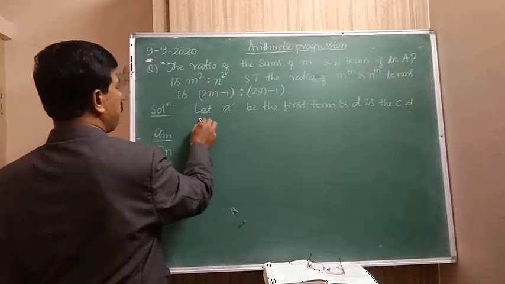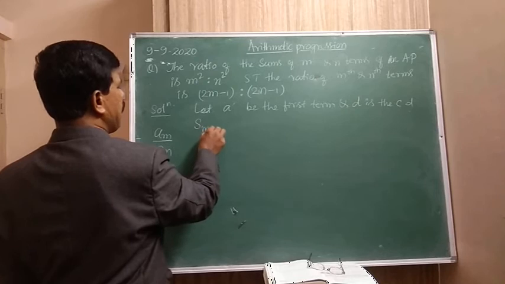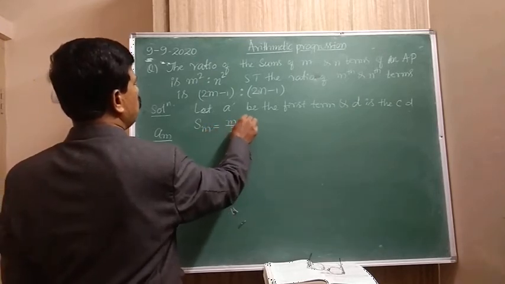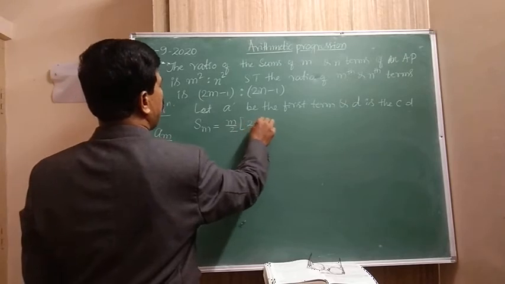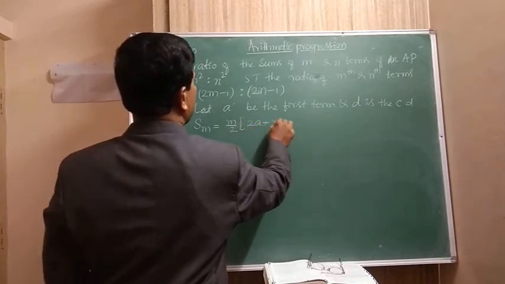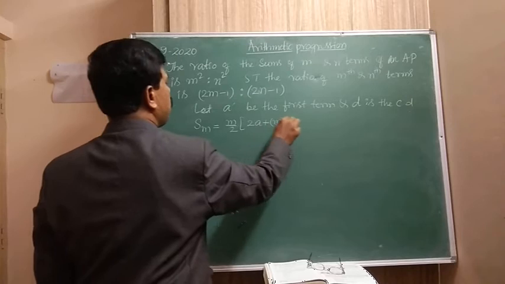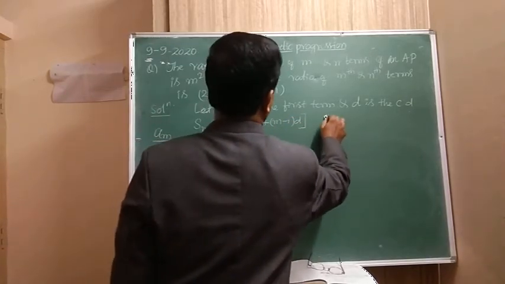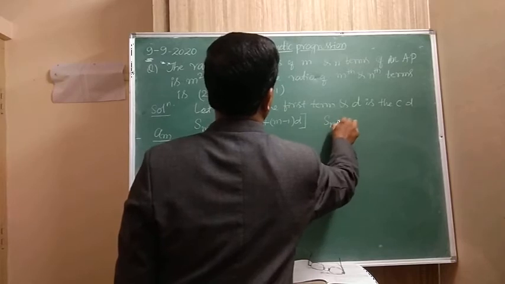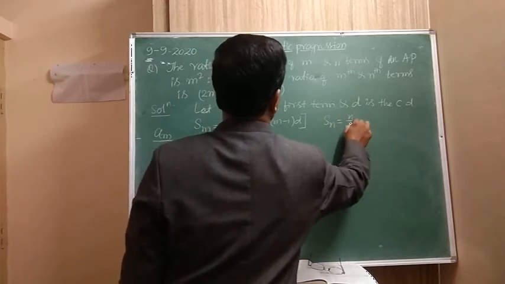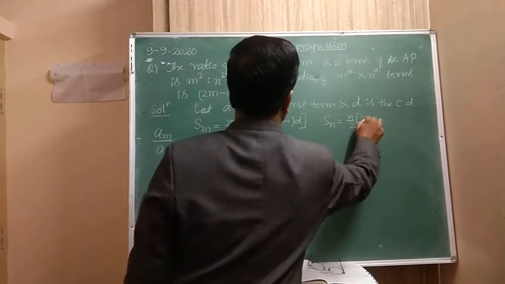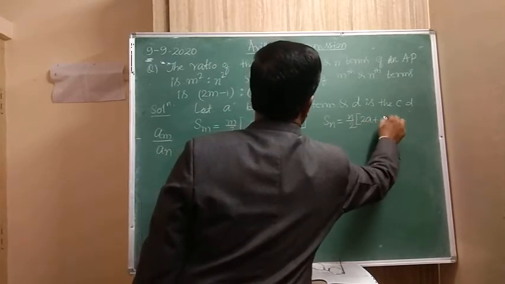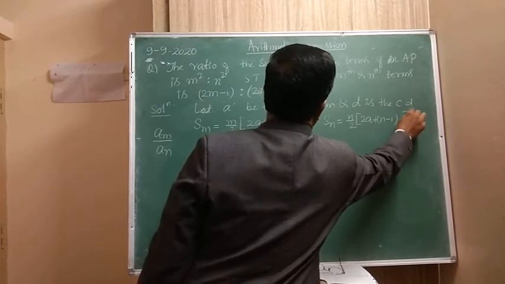Sum to m terms means Sm is equal to m by 2 into 2a plus m minus 1 into d. Similarly, the sum to n terms is n by 2 into 2a plus n minus 1 into d.